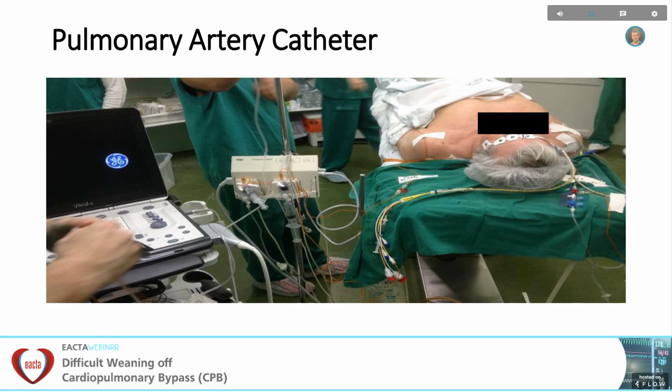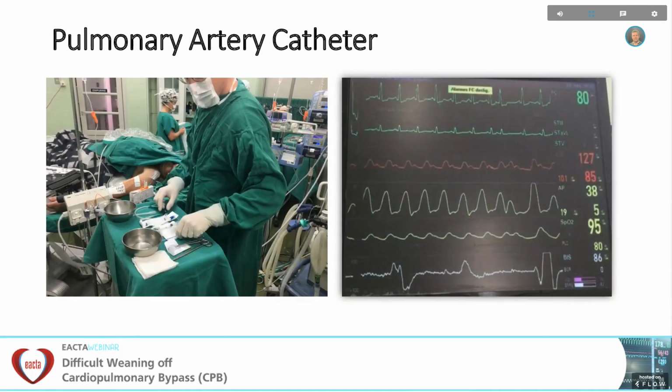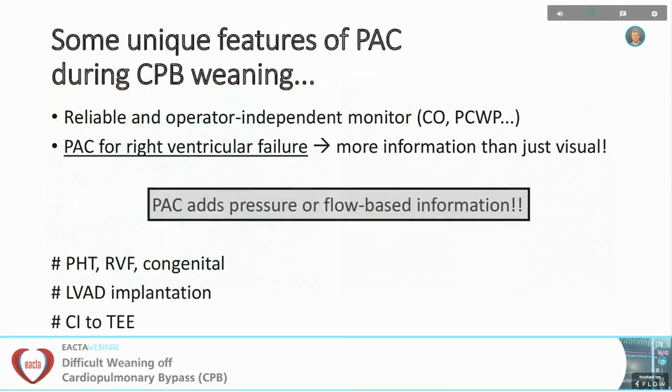I place the catheter in an awake or minimally sedated patient with preserved flow, because when we use this catheter just after induction, the patient is in hemodynamic instability. So I think it's easier to pass it in the awake patient. You see here an 86 BIS value, showing that the patient is minimally sedated, and I have decreased my rate of complications.